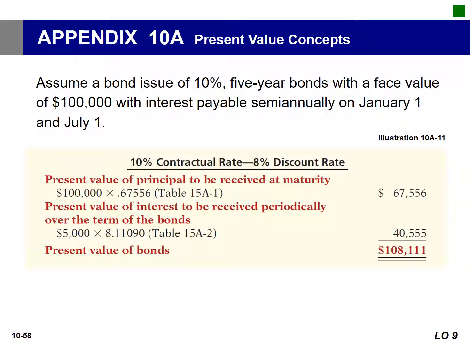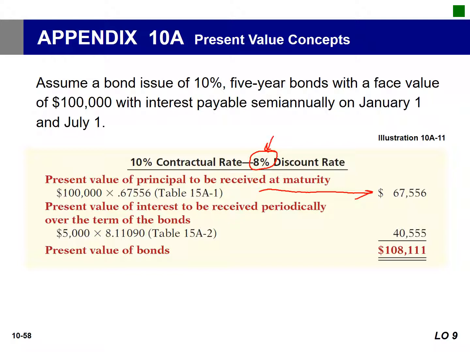And finally, in our example, if we issue our bonds with a contractual interest rate of 10%, but interest rates have fallen, the market interest rate is 8%. If you'll remember, we said that makes our bond a very attractive investment. We can charge a premium. We're going to use the present value of one table to determine the present value of this single amount due at maturity, but we're going to be using this 8%.